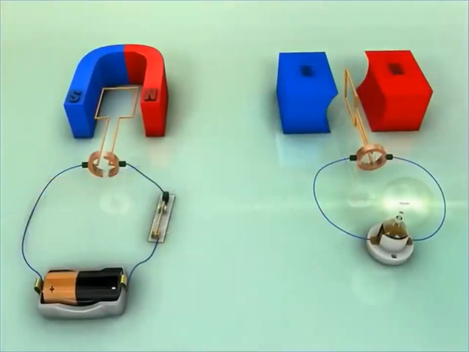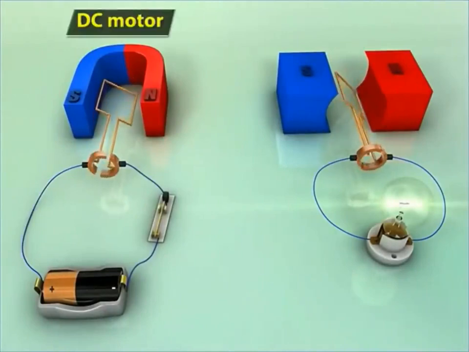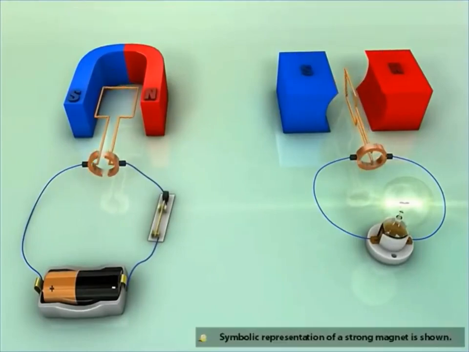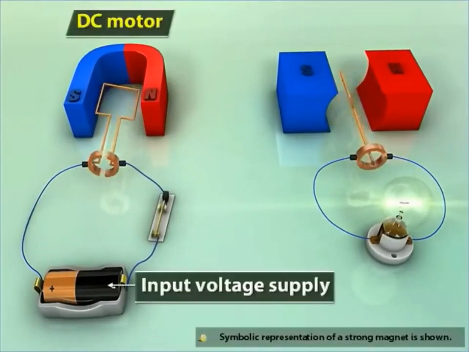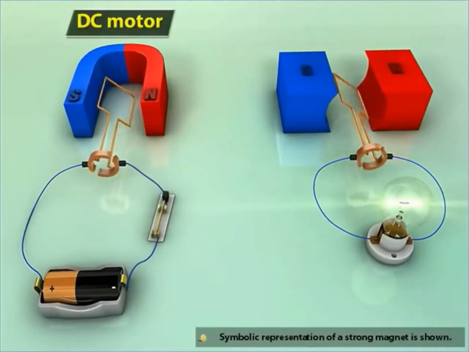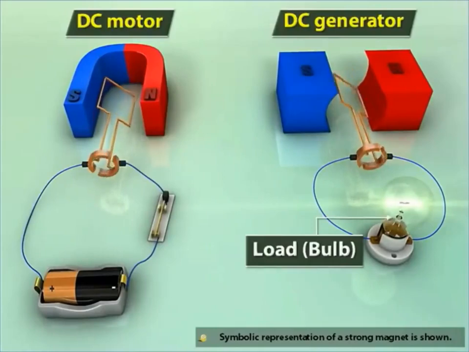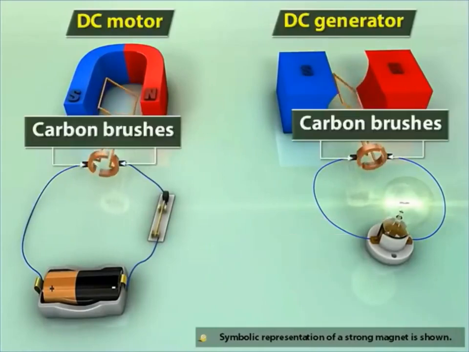Now, let us compare the construction and working of a DC motor to that of a DC generator. A DC motor has an input voltage supply, whereas a DC generator has a load like a bulb connected to the carbon brushes.